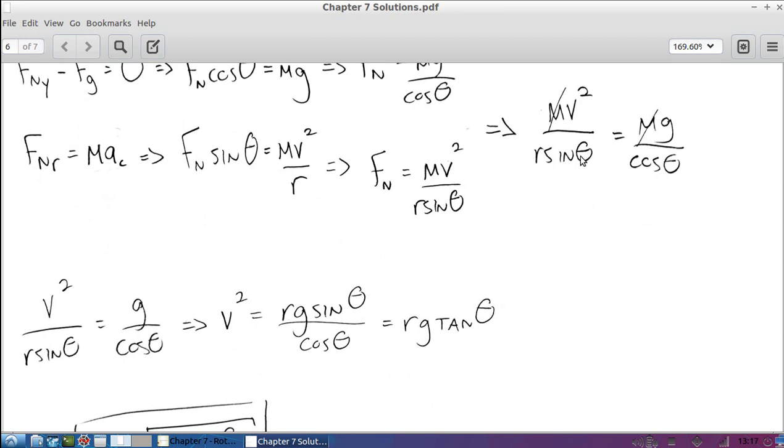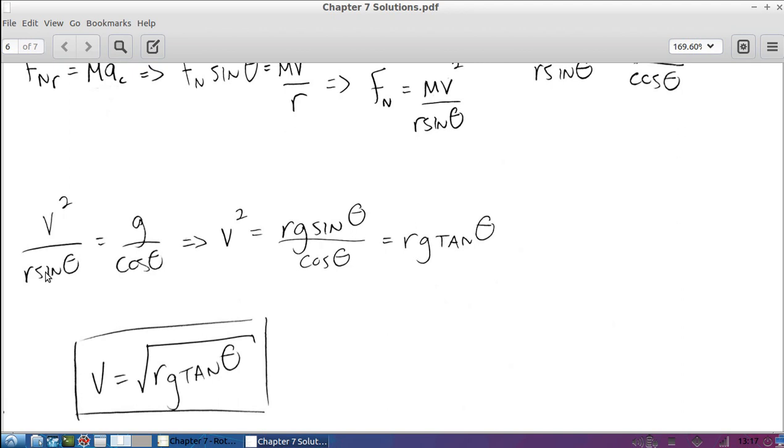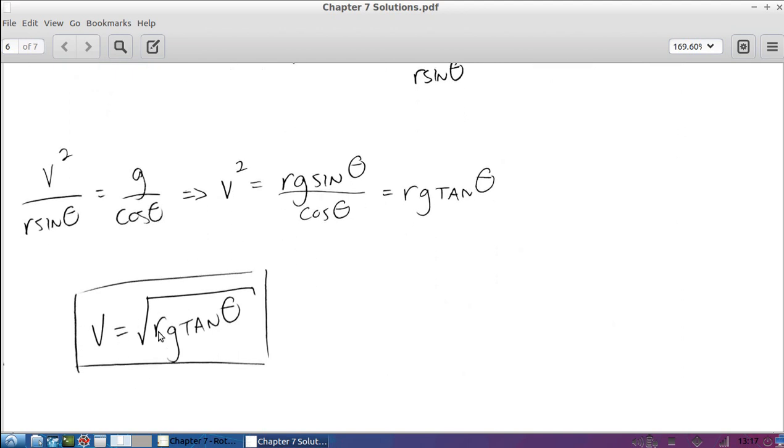Multiply both sides by r sine theta, get v squared by itself. So I've got r sine theta g in the numerator and cosine theta in the denominator. Sine theta over cosine theta is tangent theta, so I'm going to rewrite that as the tangent function.